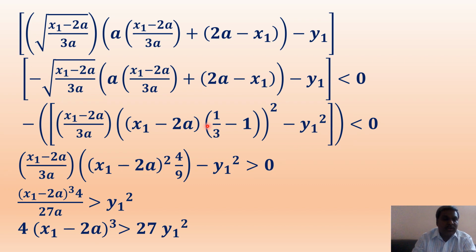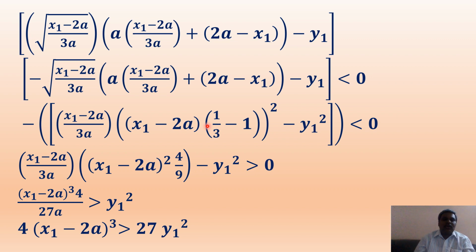So if you get this condition, 4 times (x1 minus 2a) whole cube greater than 27 y1 square, clearly we get 3 real normals drawn from x1, y1 to my parabola y square equal to 4ax. What is x1, y1? My given point. What is a? In y square equal to 4ax, you have the value of a. That is, 4a means the length of the latus rectum.